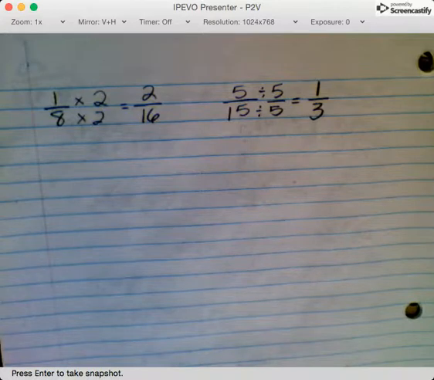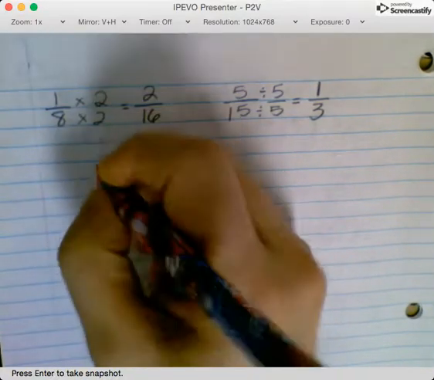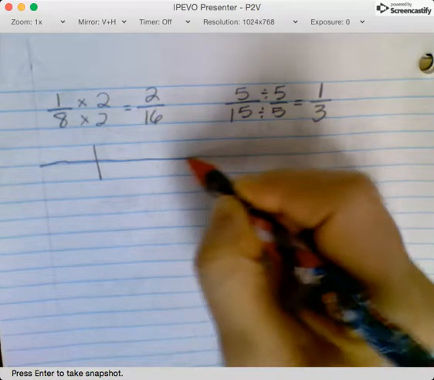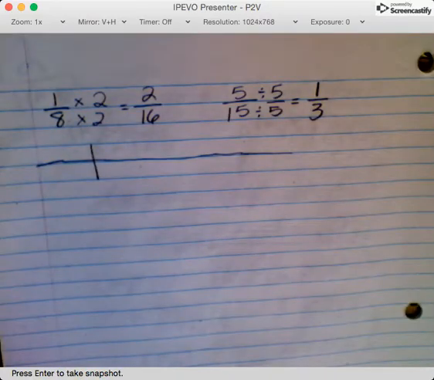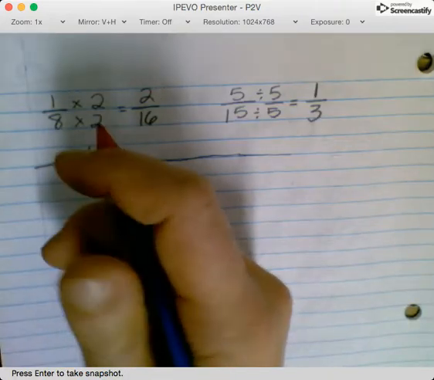So just to give you an example of a table, let's say we're making a mixture, and in the book it gives you an example of orange juice to pineapple juice to make punch.